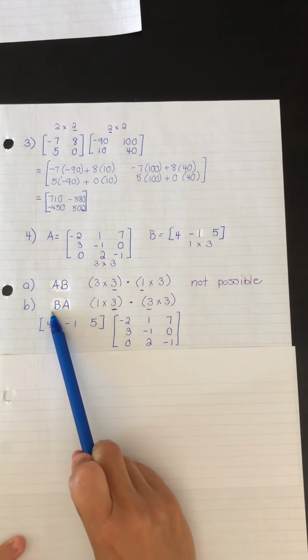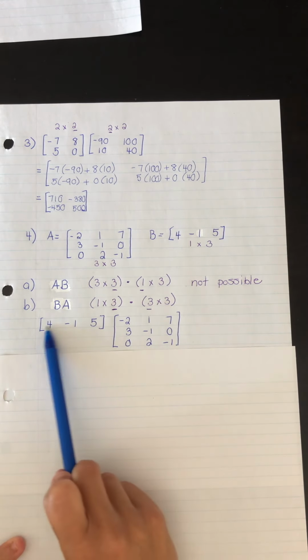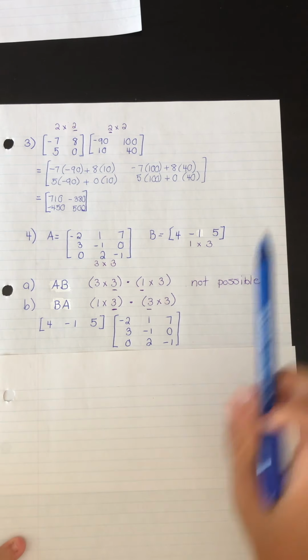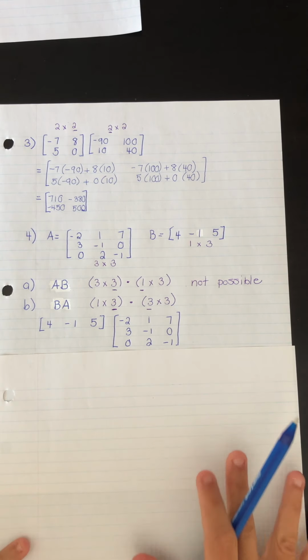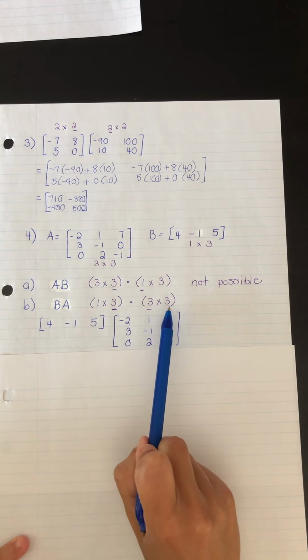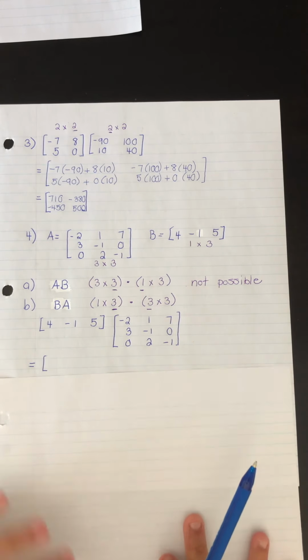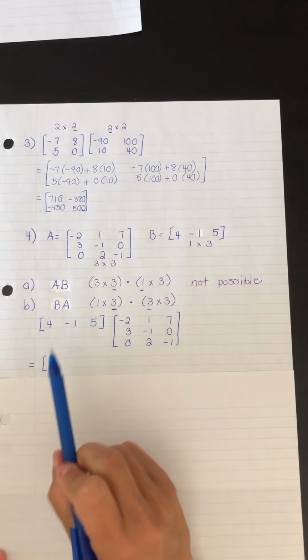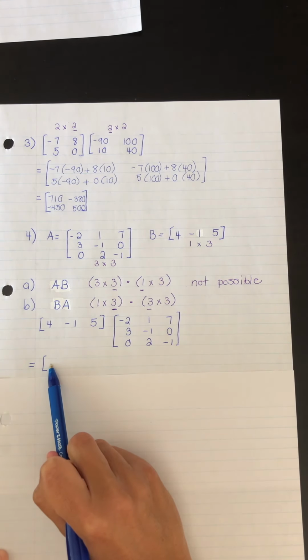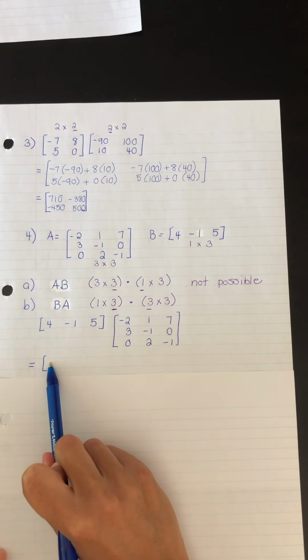So we're multiplying B by A. I've copied that all down carefully. And now let's try to figure out the 3 entries in our 1 by 3 result. Okay, so we're doing the first entry, which will be in the first row and the first column.